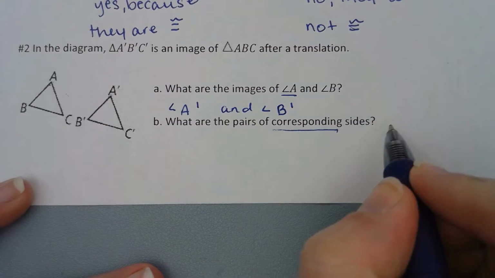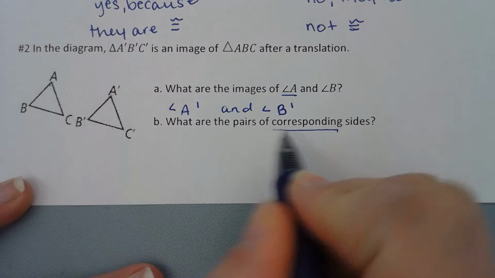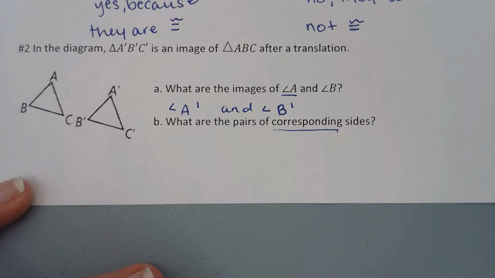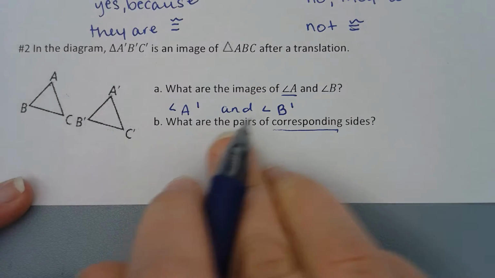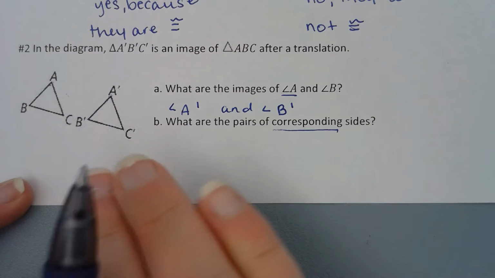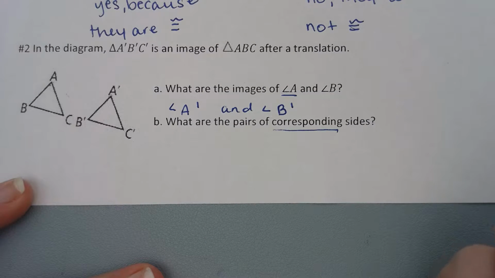Okay, now same idea for corresponding sides. They're asking you the same thing. If I start with the side over here, what does it turn into over here? Only difference is they're not going to give you the sides ahead of time. They want to know what are the pairs. What matches what? So first thing we should do is figure out what are my 3 sides of my original triangle.